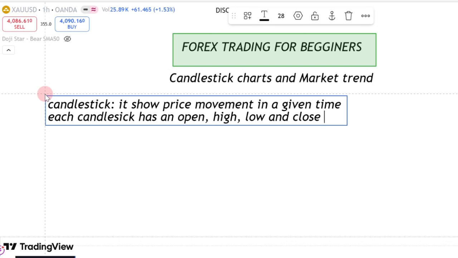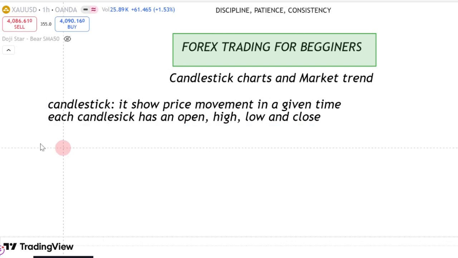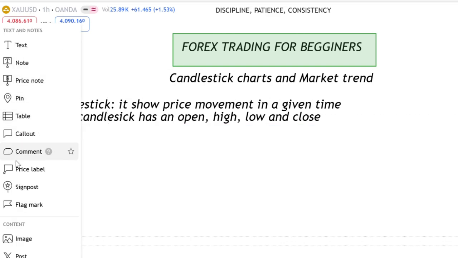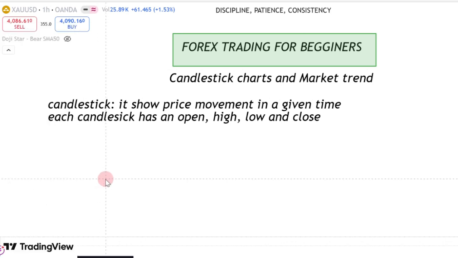When you talk about each candlestick having an open, high, low, and close, it's very, very simple. So let's do a candlestick illustration here. Let's try to draw a candlestick.